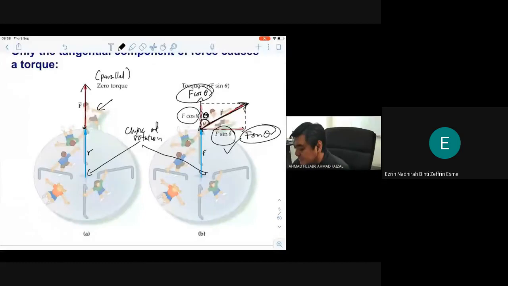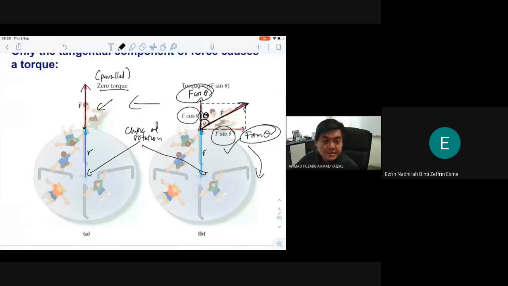Sebab kalau kita nak make sure benda ni berpusing, kita tak boleh tarik force ke arah F cos theta. Mana nak gerak? Sebab itulah dalam figure A, kita akan dapat zero torque. When the force is parallel to the lever arm, then the torque is zero.